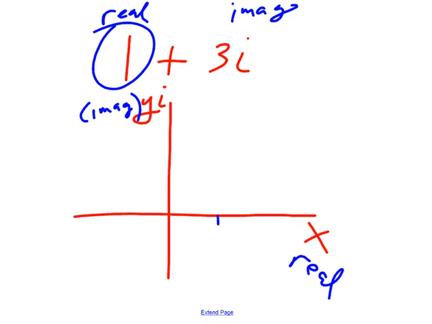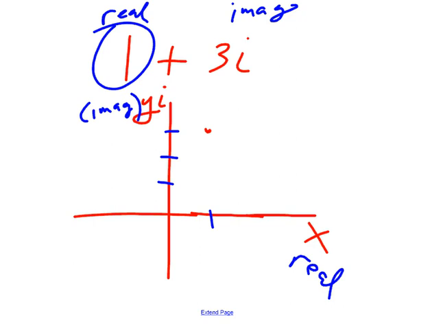And now I'm going to go up 3 in the imaginary distance. Do you get if I put a dot right there? I am saying it's got 1 real and 3 imaginaries. It's kind of like 1, 3. Does that make sense?